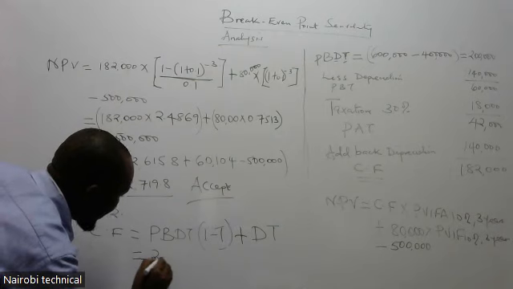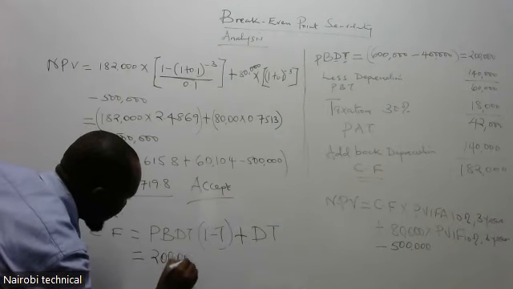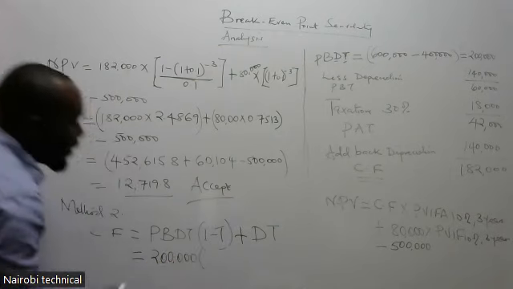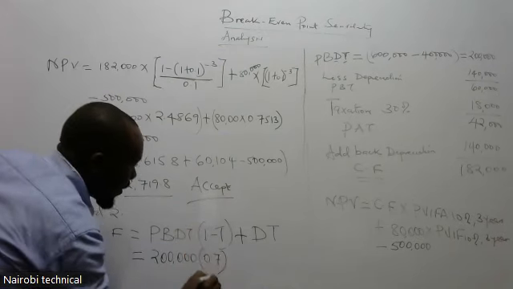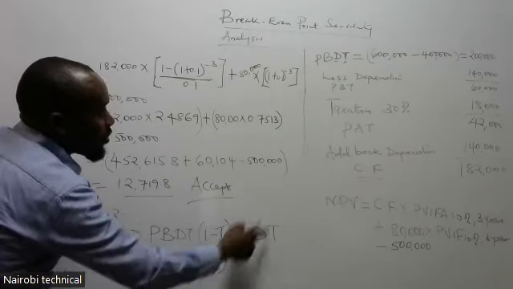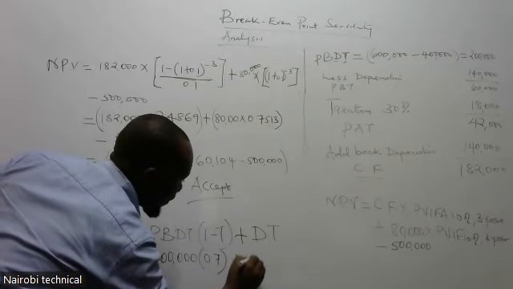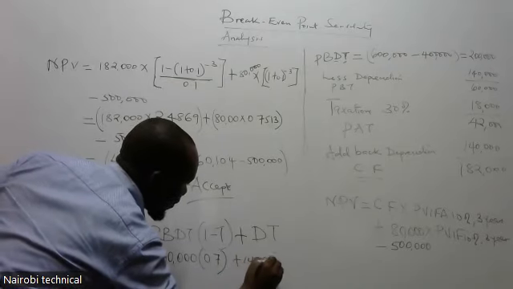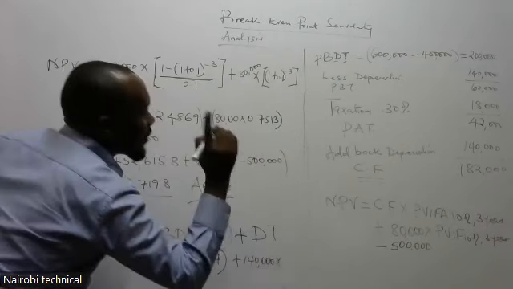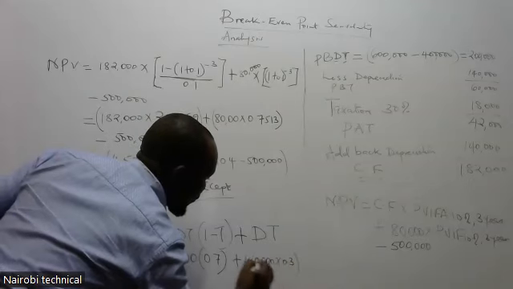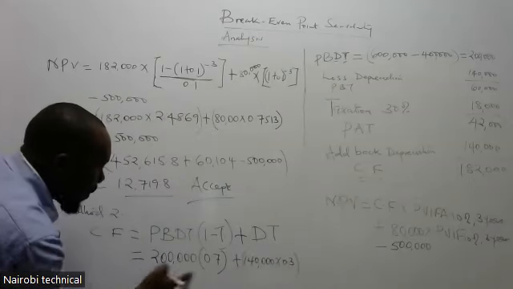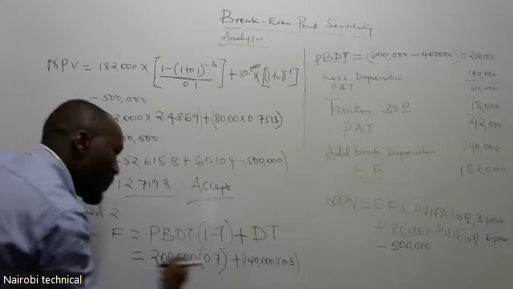So let's have 200 into 1 minus tax, which is 0.7, plus depreciation, which is 140, times tax, which is 0.3. We are supposed to add it back. So we add it back.